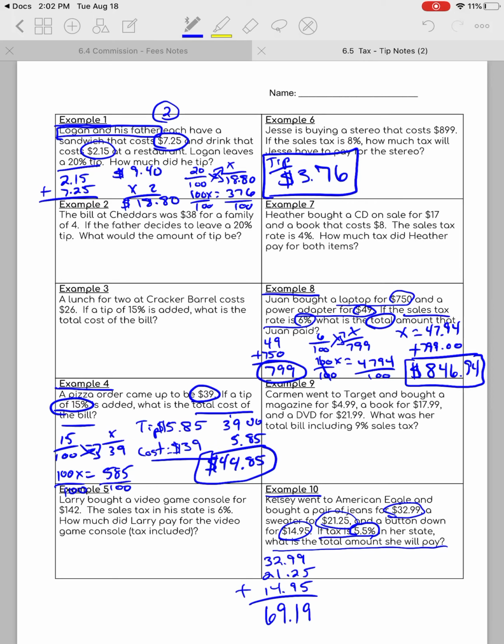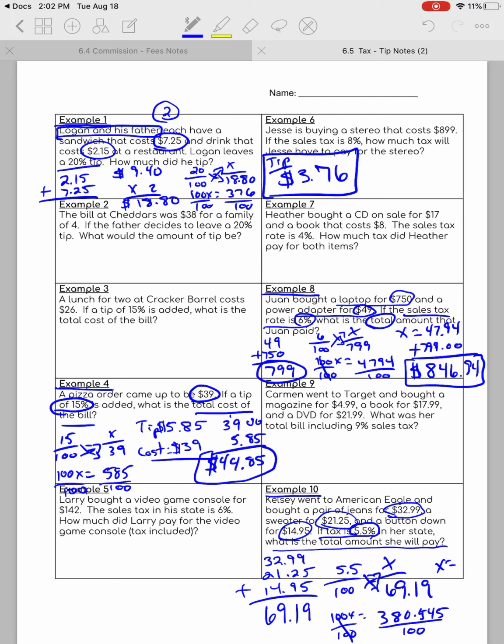Now, I need to find the tax of 5.5%. So 5.5 over 100 is equal to x over 69.19. If you cross multiply and divide, 69.19 times 5.5, that's going to give you 380.545, and then we have to divide by 100.